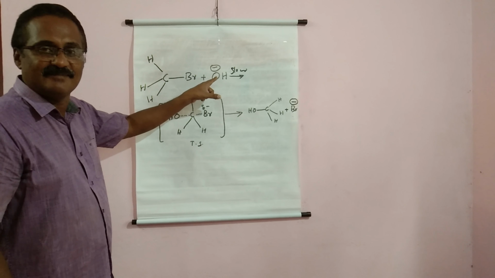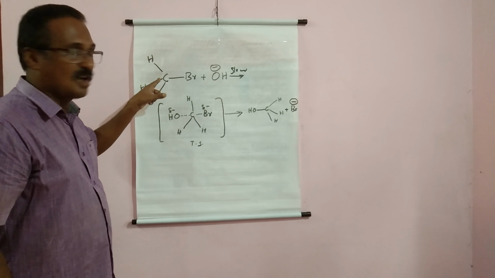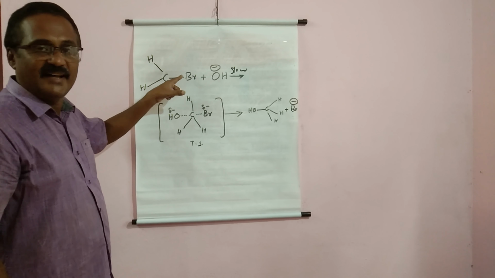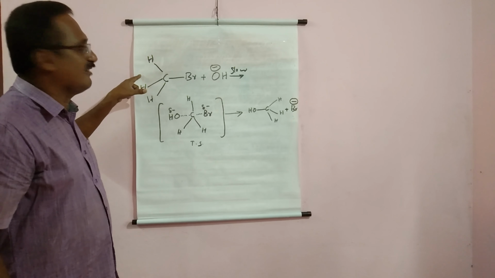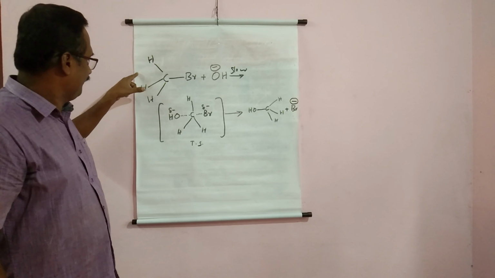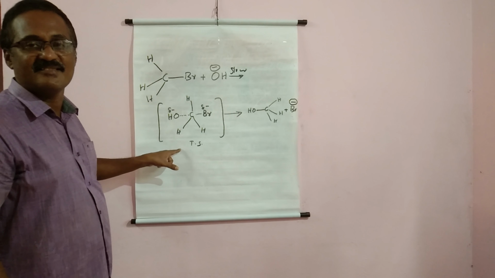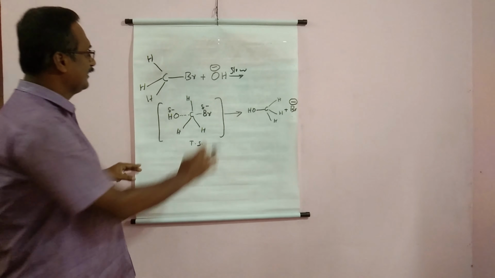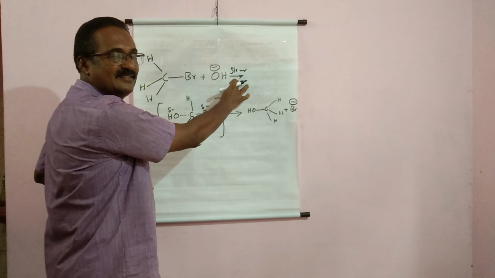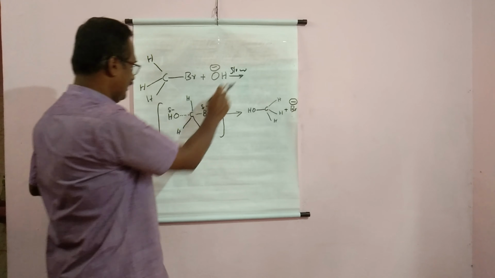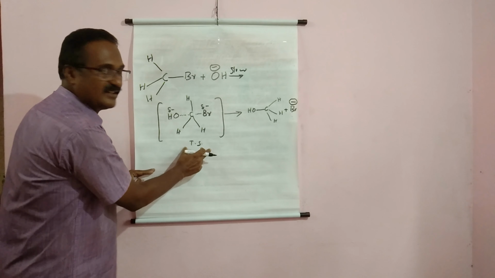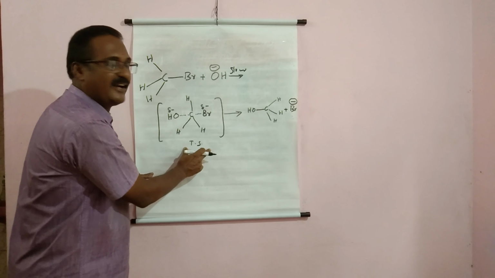The OH minus approaches the methyl bromide from the side opposite to that of the Br atom, forming a transition state. Look at that. This is the slowest step and hence the rate determining step of the reaction. The formation of the TS is the key step of the reaction.